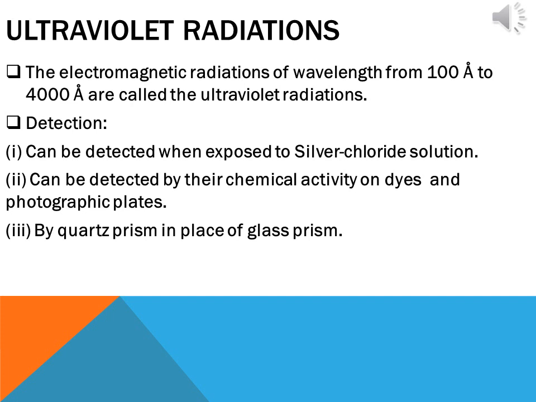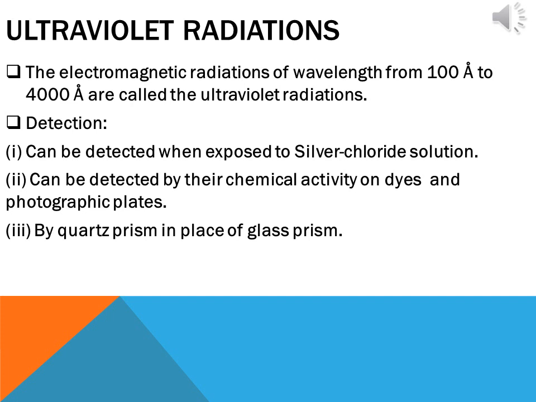But just beyond the violet end, the solution first turns violet and then finally it becomes dark brown. It shows that there exist certain radiations beyond the violet extreme of the visible part, which are chemically more active than the visible light. And these radiations are called ultraviolet radiations or actinic rays.